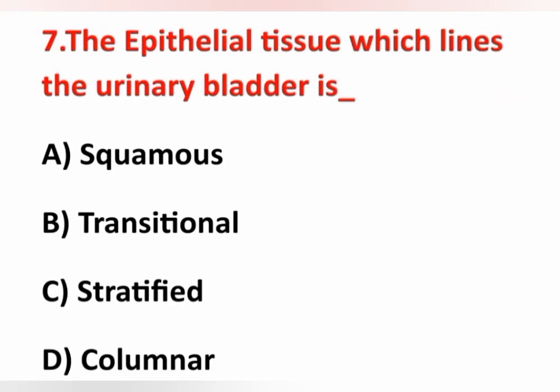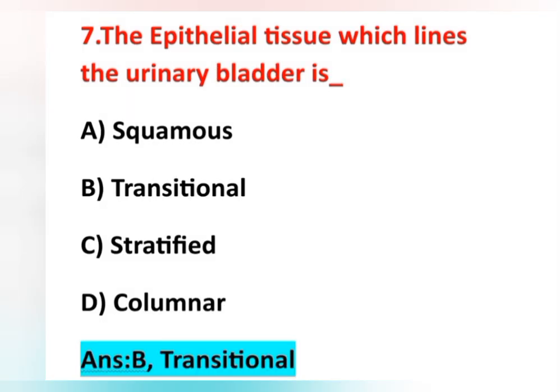Seventh question: the epithelial tissue which lines the urinary bladder is. Options are option A squamous epithelium, option B transitional epithelium, option C stratified epithelium, option D columnar epithelium. The answer is option B transitional epithelium.